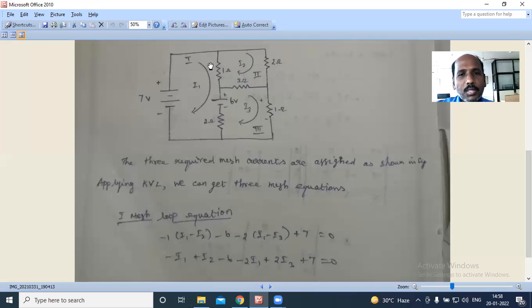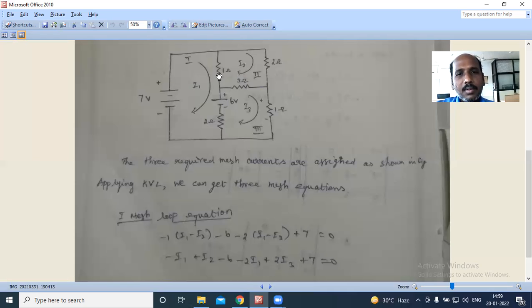I1 is flowing downward, I2 upward. If they flow in opposite directions, you always subtract the current. Since you are writing the equation with respect to mesh 1, you subtract whatever current flows opposite to I1. So I2 flows in the opposite direction.